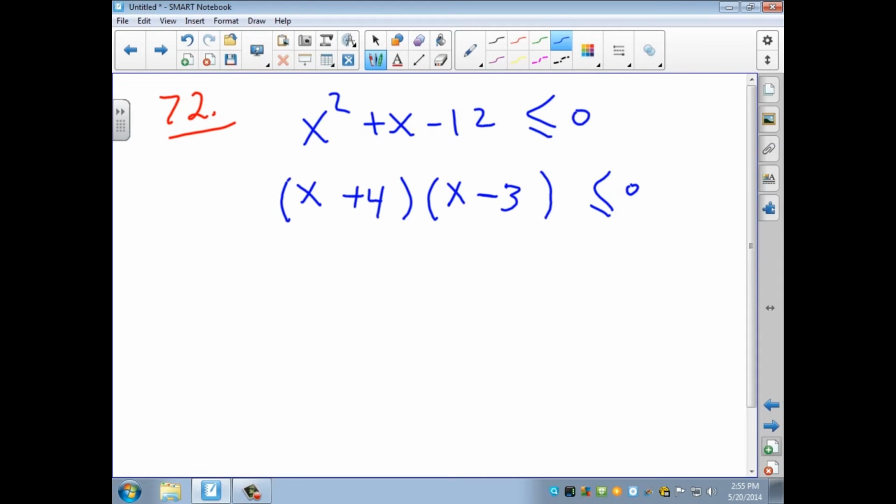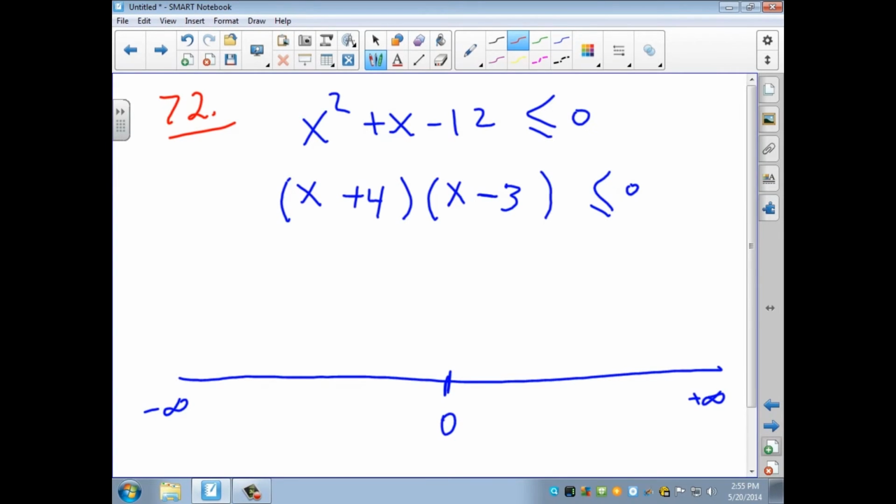Okay? And the next thing is, you're going to find the roots of this inequality. That means what makes the left-hand side equal to 0? And you're going to put those roots on the number line. So here's plus infinity going in this direction, minus infinity going in this direction. Here is 0, right?